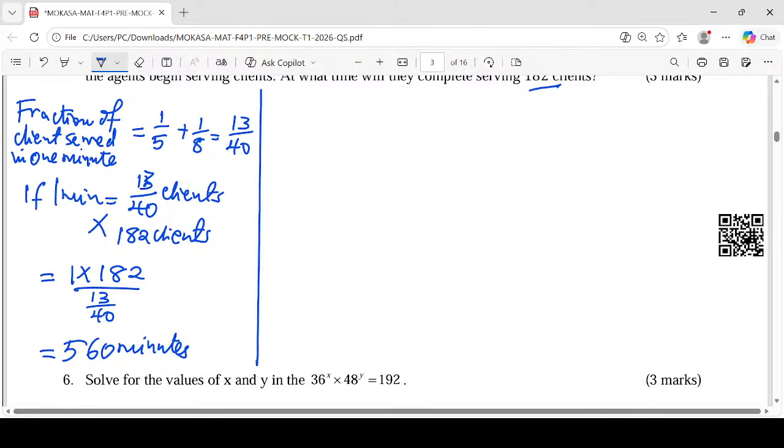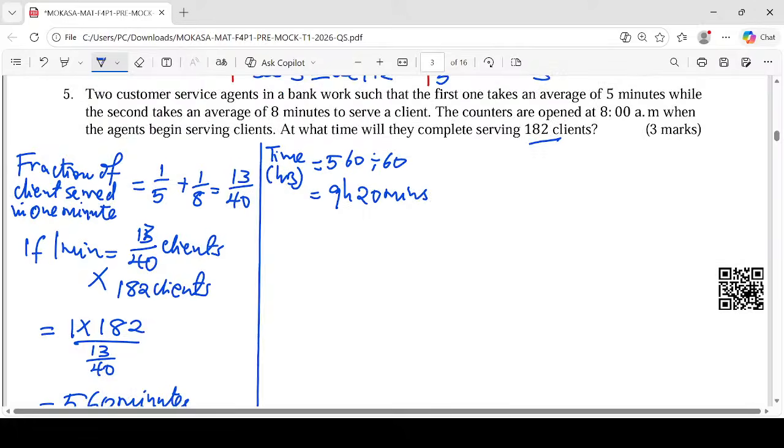So what is the time in hours now? To compute the time in hours, we take 560 and divide it by 60, and you are going to get 9 hours 20 minutes. So it will take 9 full hours and 20 minutes to serve those clients.